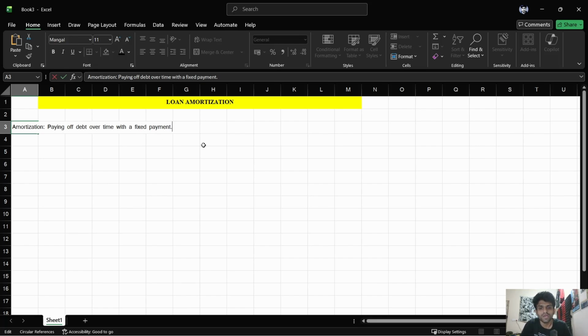First, let me define what exactly amortization is. Amortization means paying off debt over time with a fixed payment. What that means is you're paying off your debt over time with fixed regular payments. Crucially, each payment is split into two parts, interest and principal.